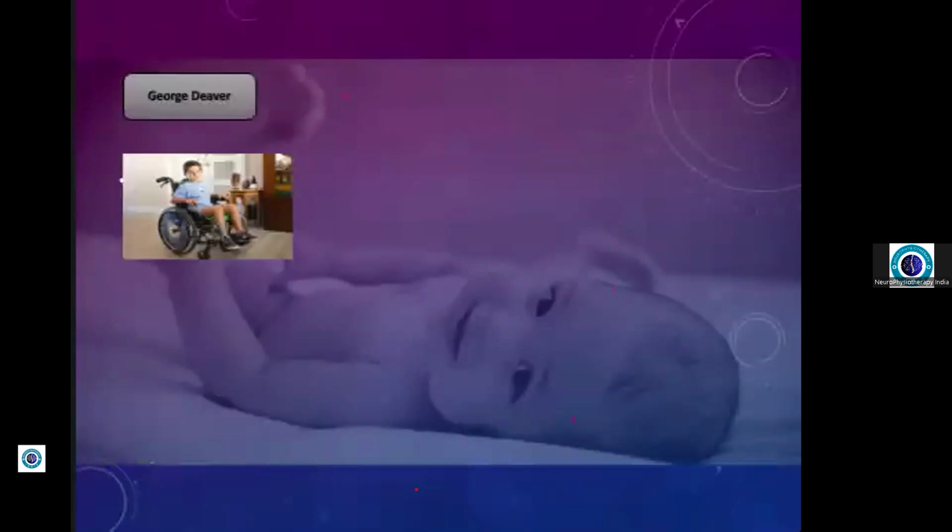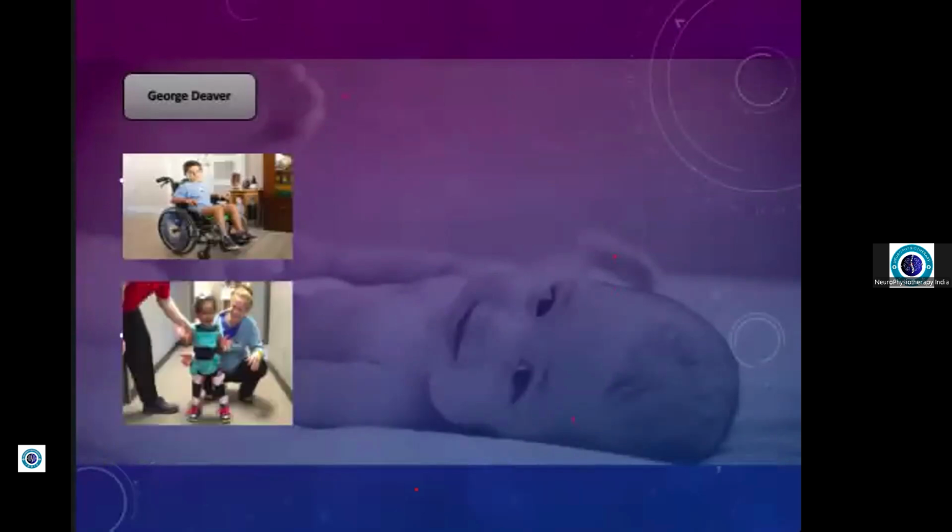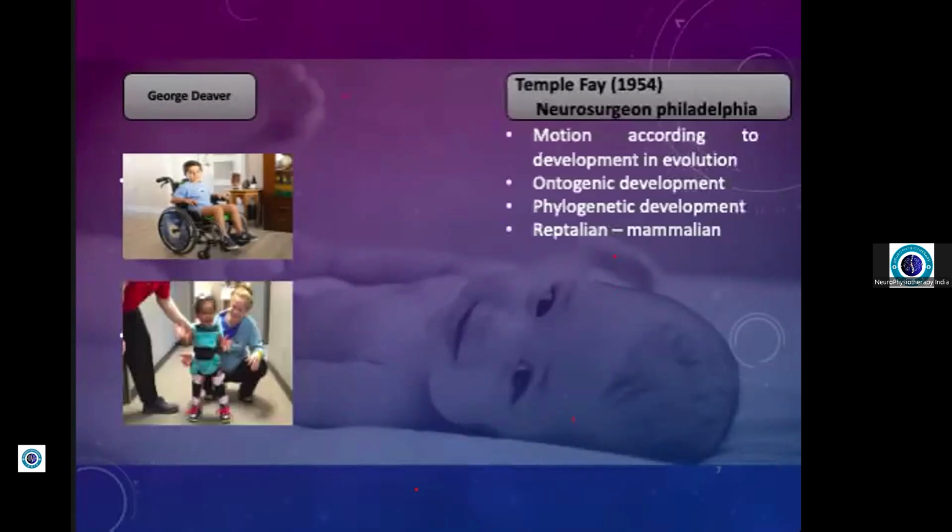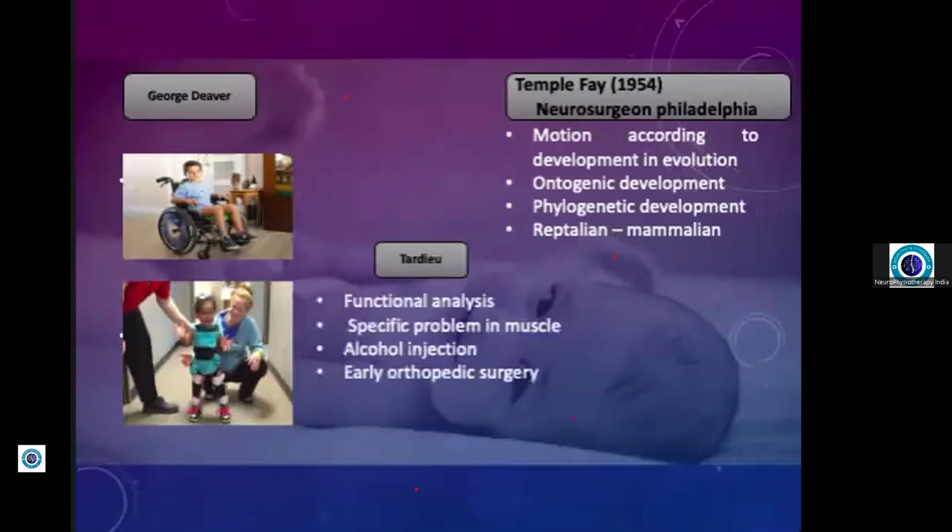Keep clicking, Anuprita. Then we were using a lot of wheelchairs and a lot of orthoses. Then we came to a thought that no, we are going to treat them as per development in evolution, and we started following ontogenic and phylogenetic development.